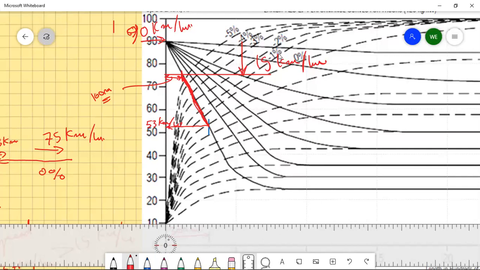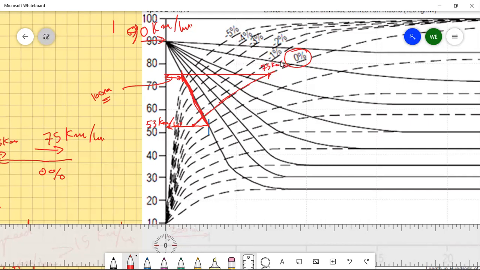So the zero slope is this curve. It needs a distance to accelerate. So now it's going to enter at this point at 0 grade. And that's the point when it's going to end, when the speed of the truck is 75 kilometers per hour.